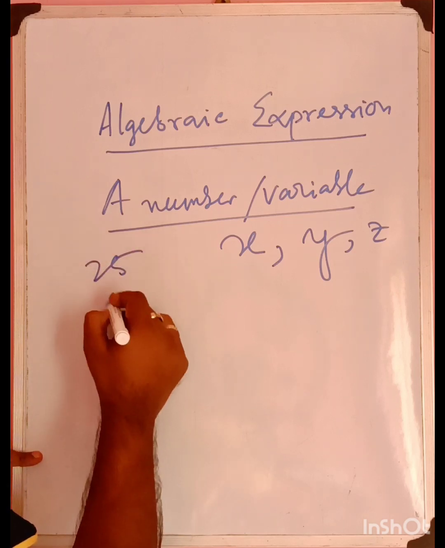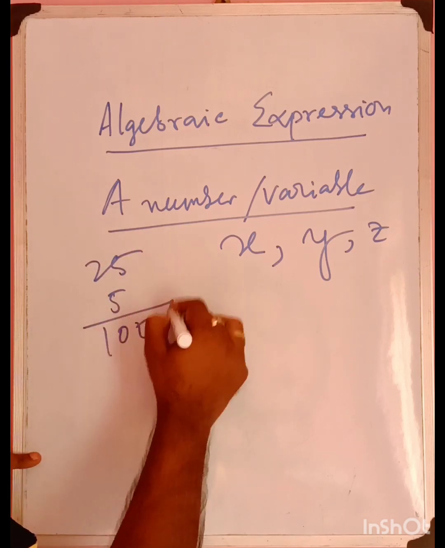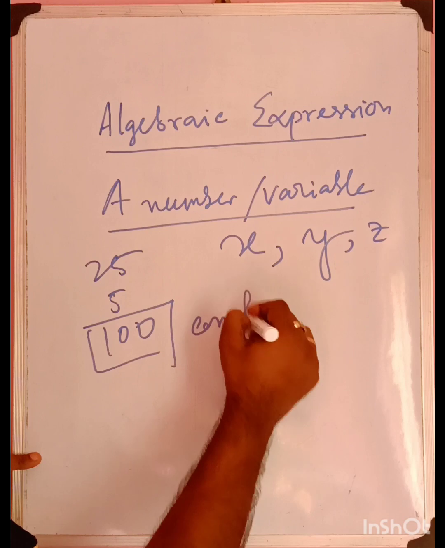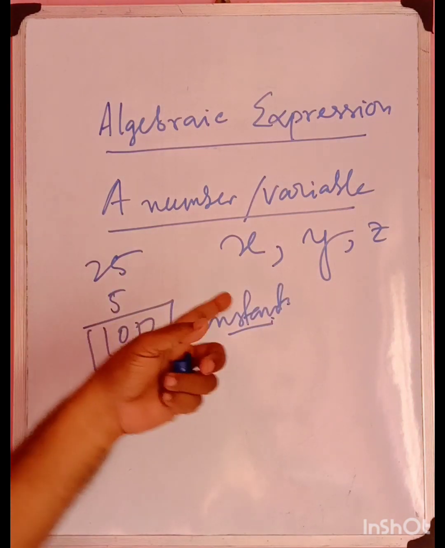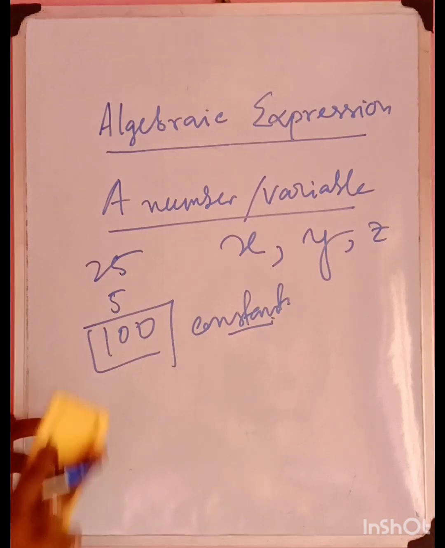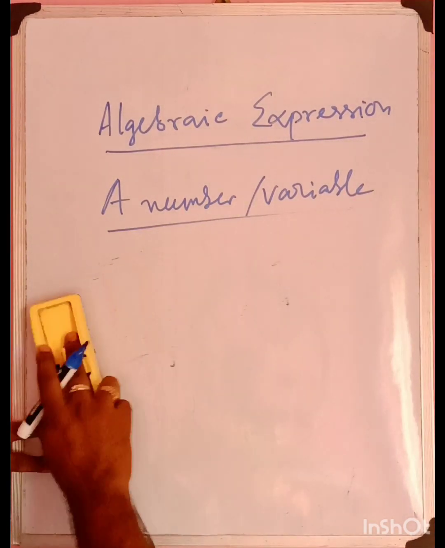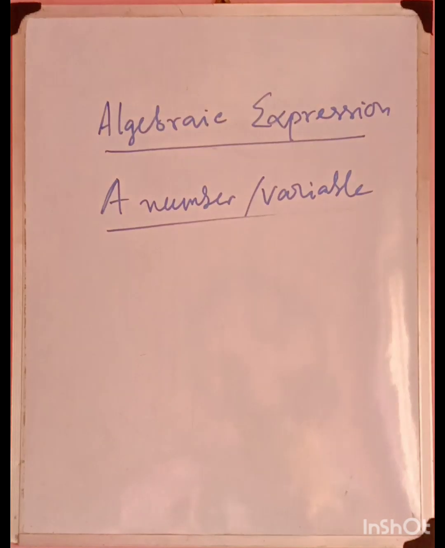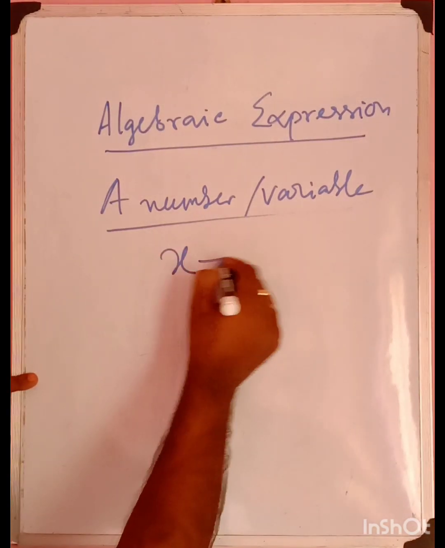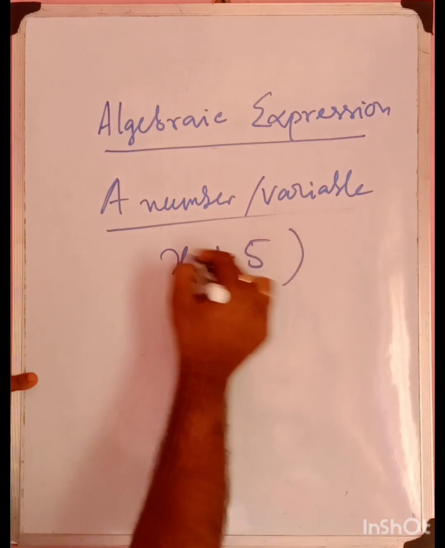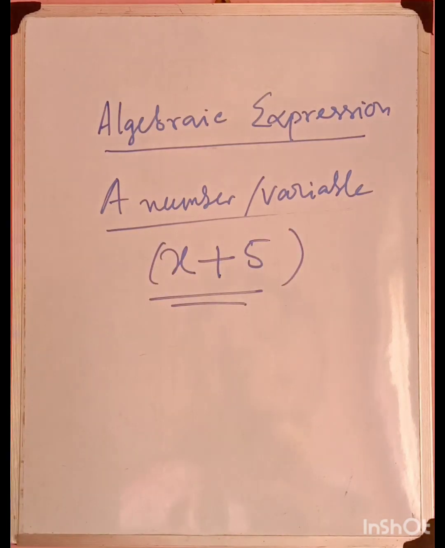And 25, 500, these are constants, right? Constants. X, y, z are variables. So if you consider the number as x, 5 more than that is x plus 5. This is an algebraic expression. 5 more than a number. Okay.